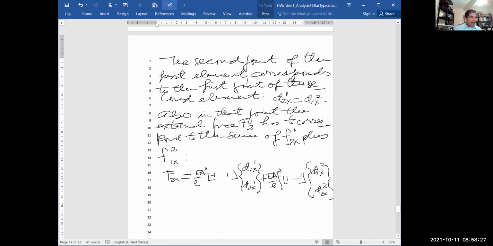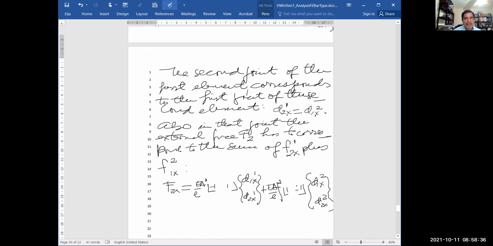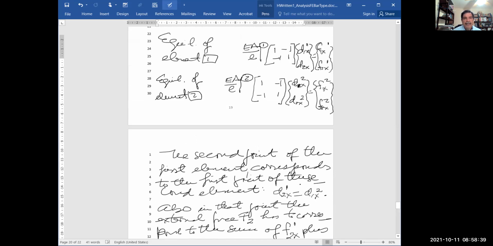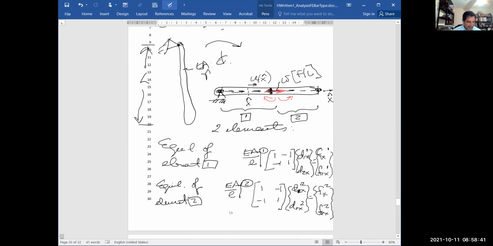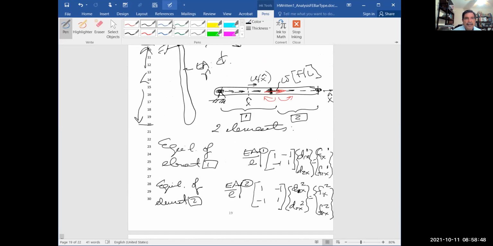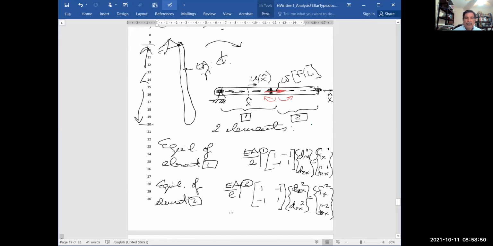Okay, so we're going to do now 3 equations for the equilibrium of the 3 joints. But before we do that, maybe we can get confused with the notation. This joint here is the first joint of the first element.